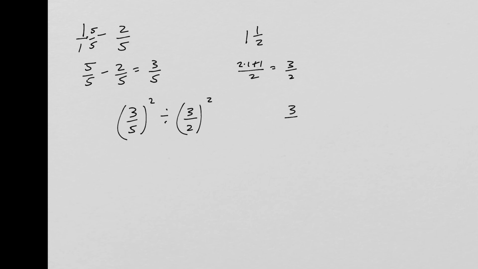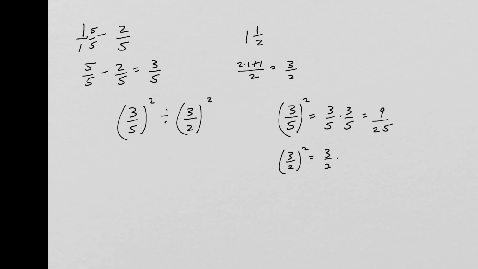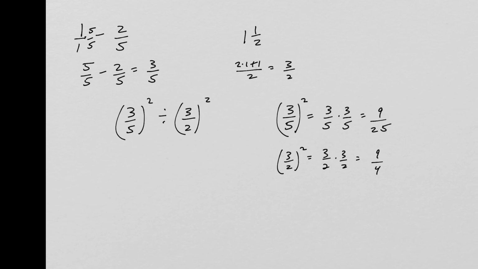Remember, 3/5 squared means 3/5 times 3/5, so that's going to be 9/25. And then 3/2 squared means 3/2 times 3/2. So I multiply numerators, 9 over 4. So now I have 9/25 divided by 9/4.